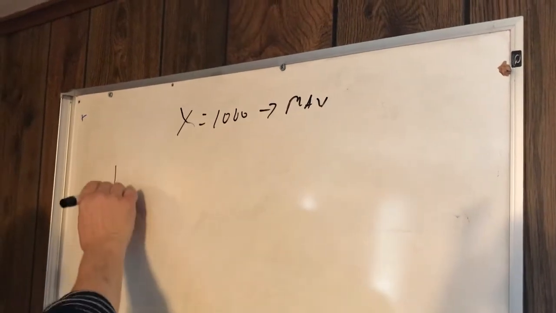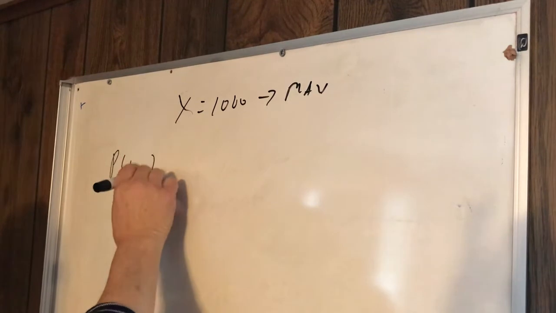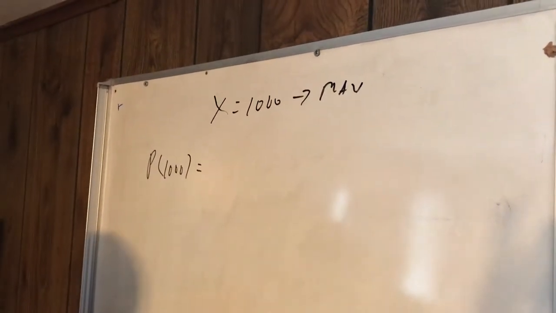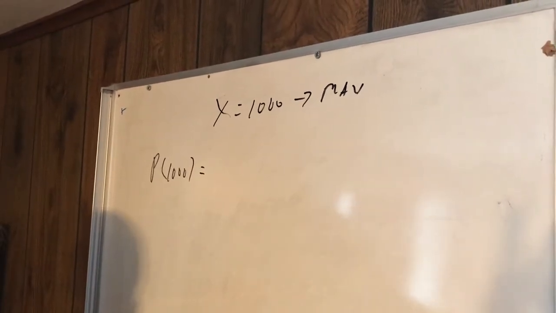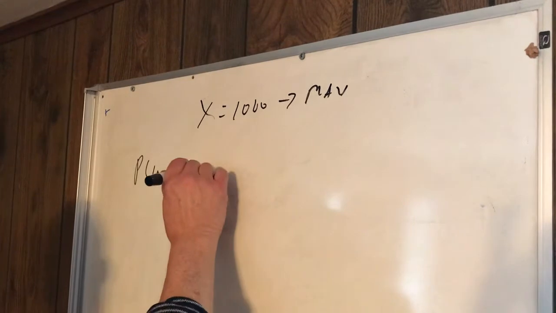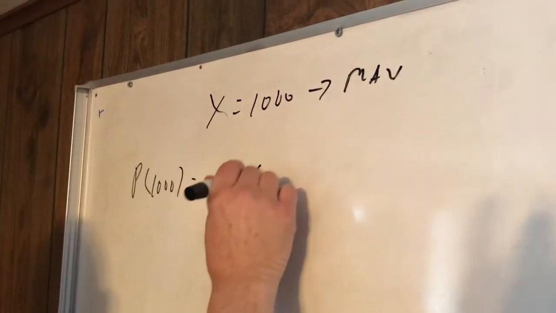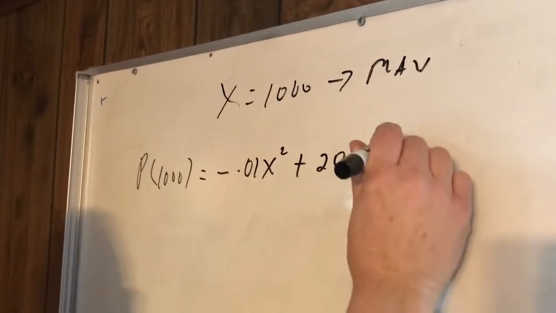If I take the original profit function and find out what the profit will be at max, I did not ask this in the problem, but I go into my profit function, which is minus 0.01x squared plus 20x minus 1900.